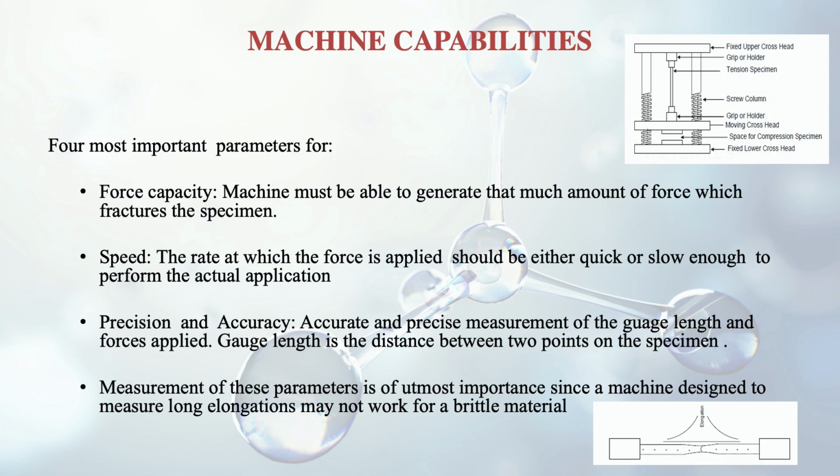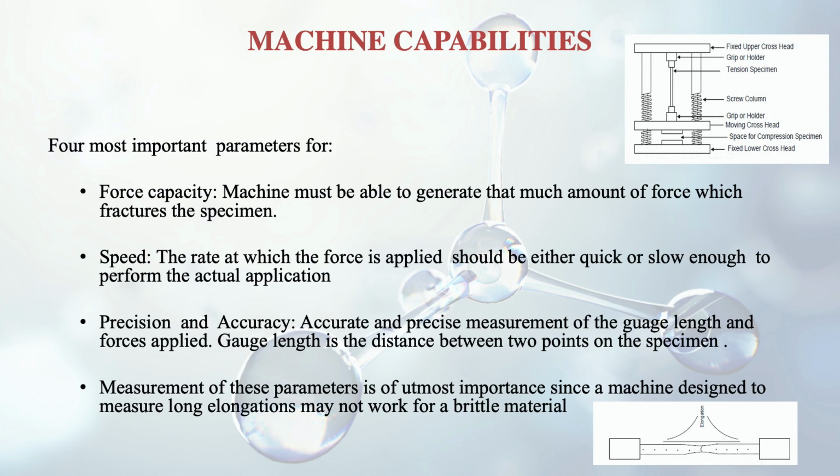Further, speed, the rate at which this force is applied, should also be known. Whether the test is being carried out very quickly, or slowly enough to perform the actual application. And further, precision and accuracy: for all kinds of tests we need it to be precise as well as accurate. And for that purpose, measurement of gauge length and forces applied is also very necessary.